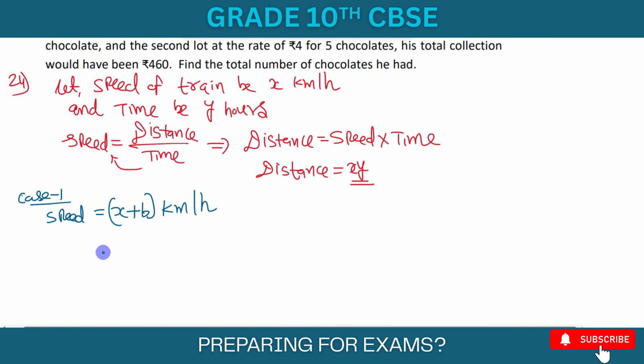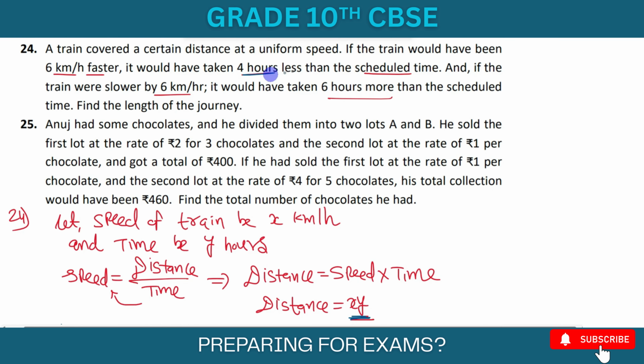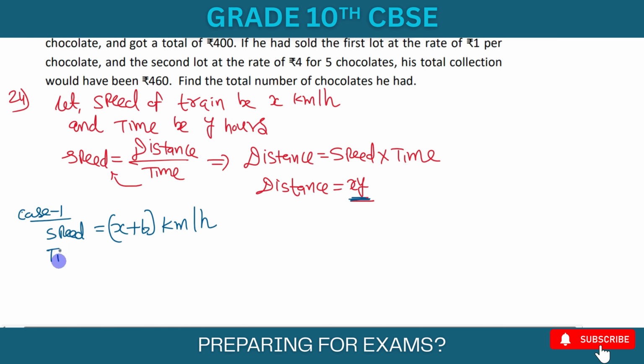We are talking here about the time, but one thing is very clear: whatever the speed, increasing or decreasing, the distance will remain the same. Originally the time was y, now the time is 4 hours less, so the time will be y minus 4 hours.